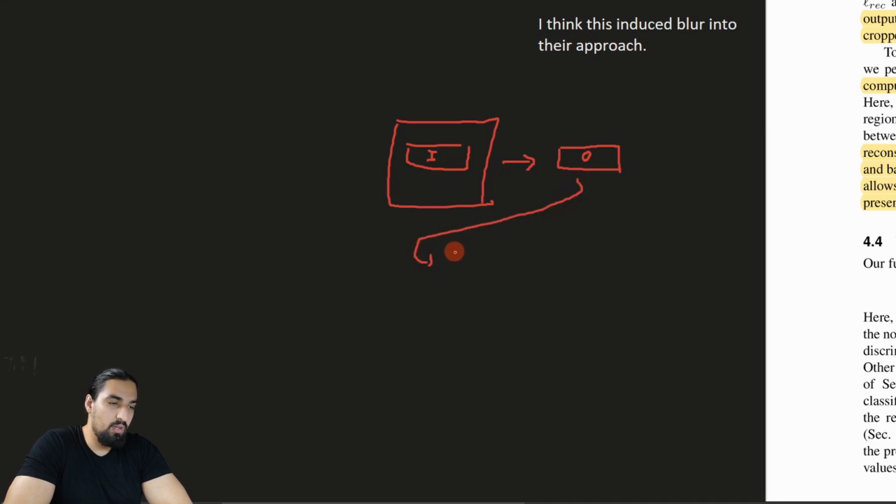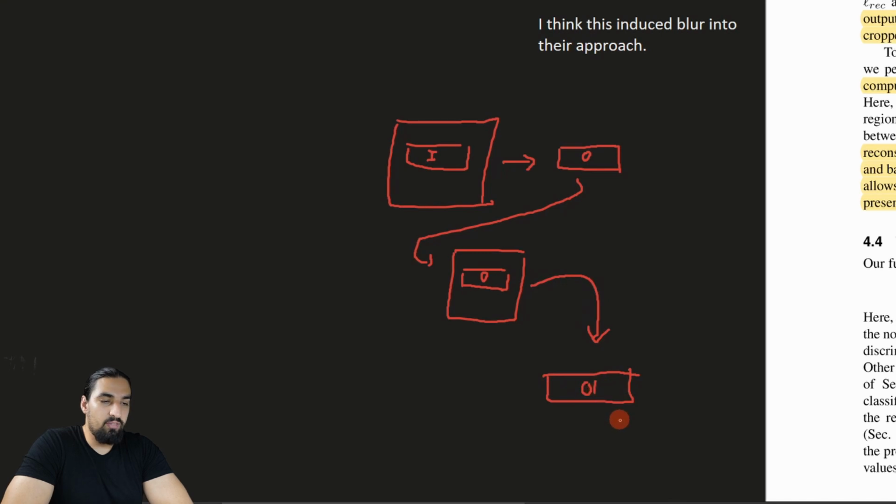They'll have the same image, except that instead of I, they're going to blend in O. And again, they pass this through the whole encoder generator pipeline, and they generate another image called O prime. And finally, they do L1 between these two, this one and this one. Just simple L1.